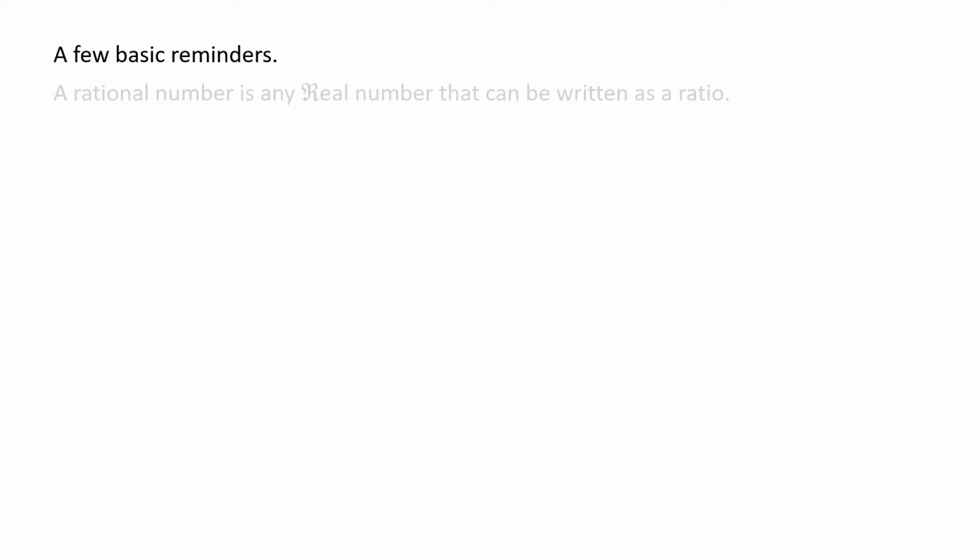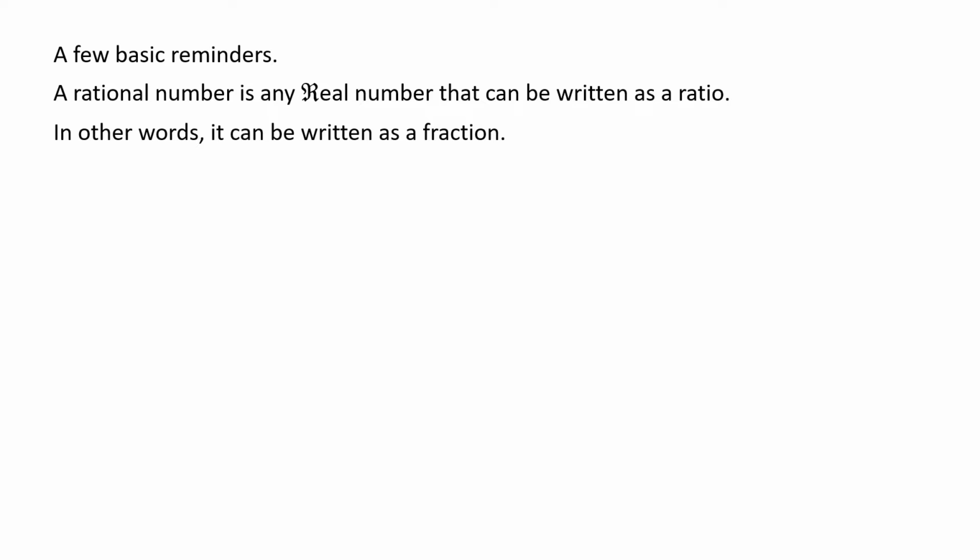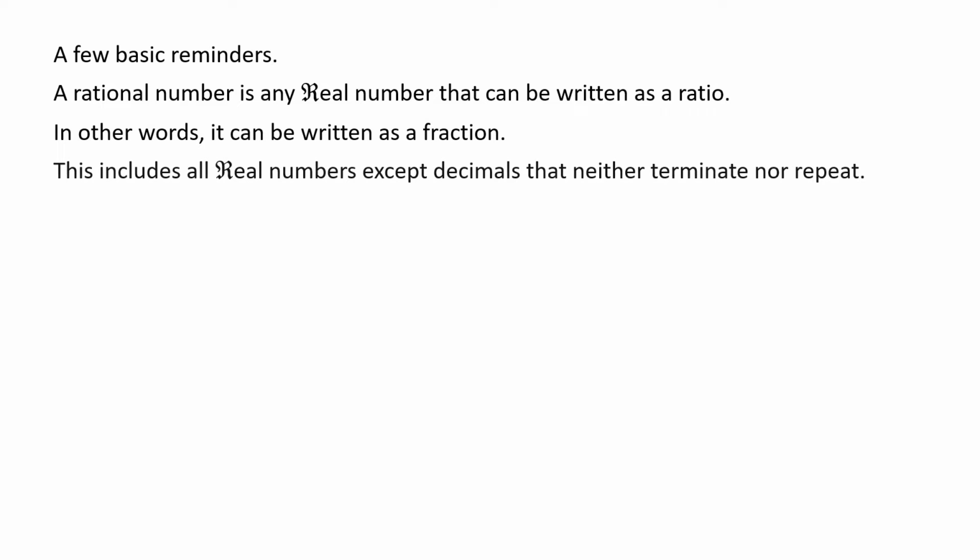Some basic reminders, right? If you're a rational number, we can write you as a ratio. As long as you are not a decimal that refuses to terminate, or a decimal that refuses to repeat, you can be written as a fraction.